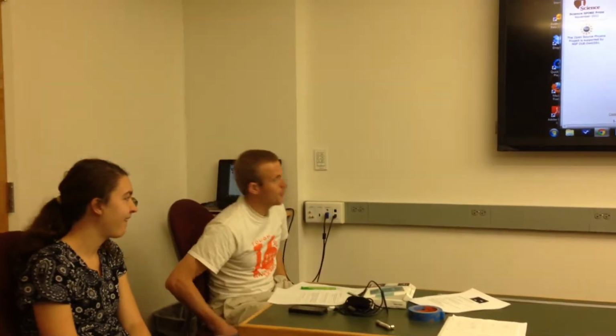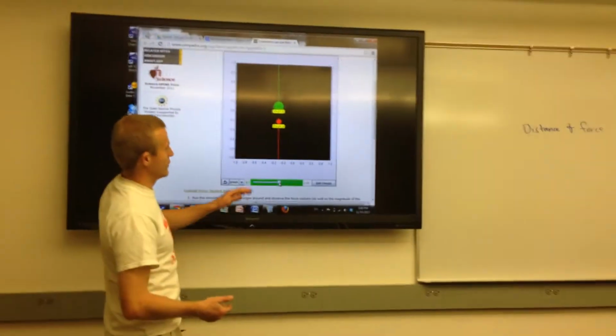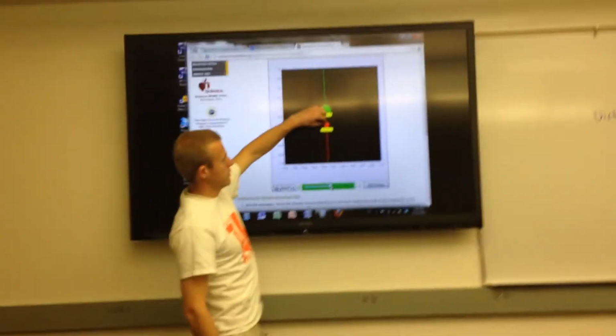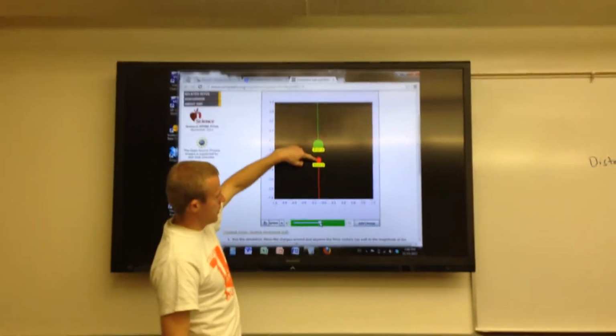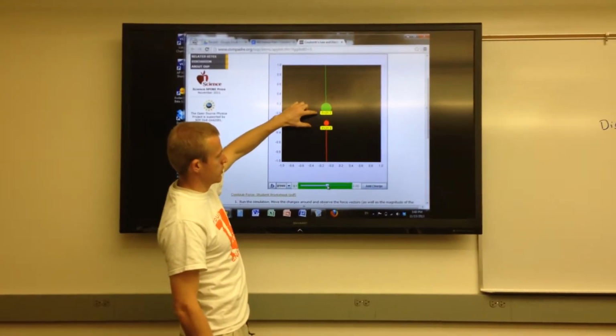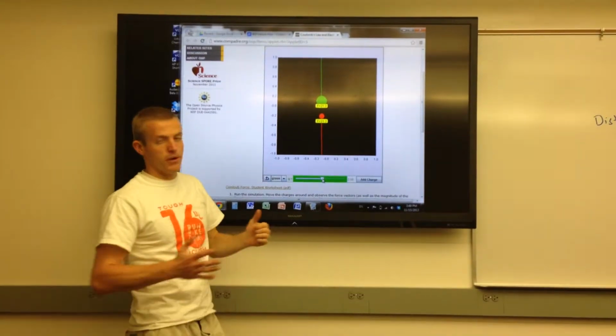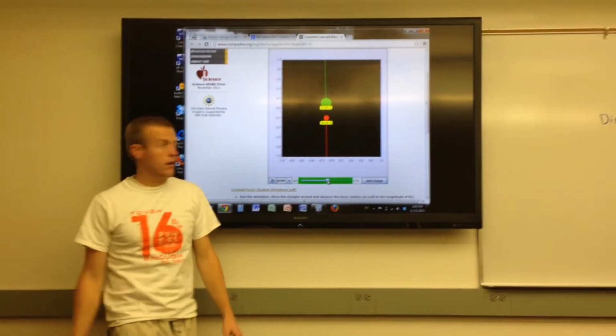Okay, so why don't you guys summarize for me what you learned from the activity about Coulomb's law? As you increase the charge on a particle, the force between the two particles increases, while the force on each stays the same because of Newton's third law.